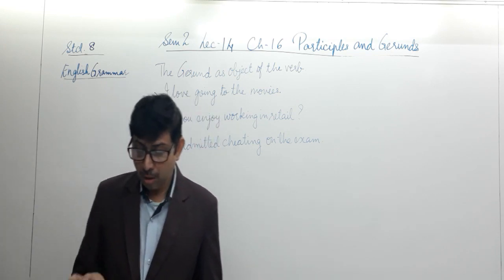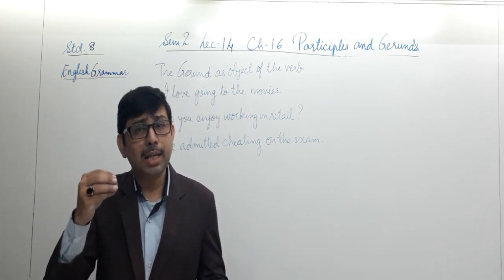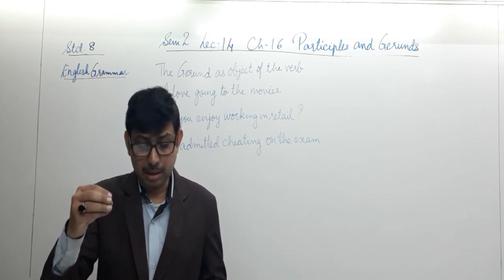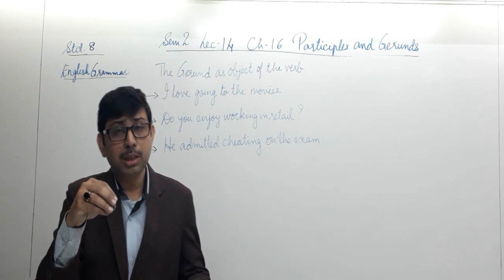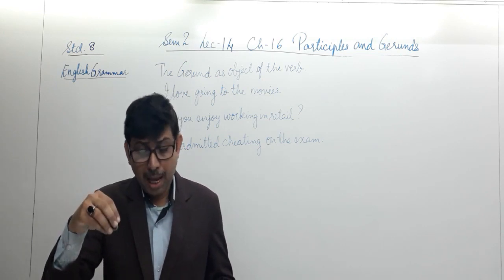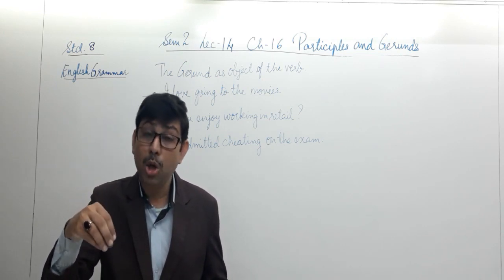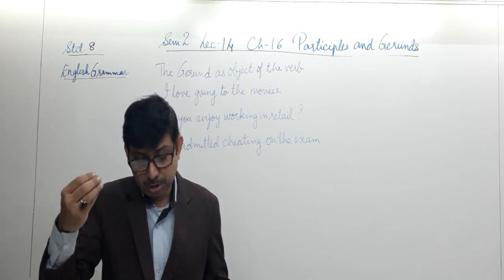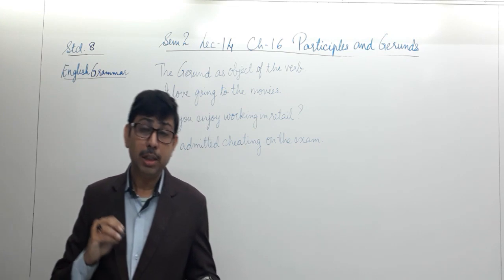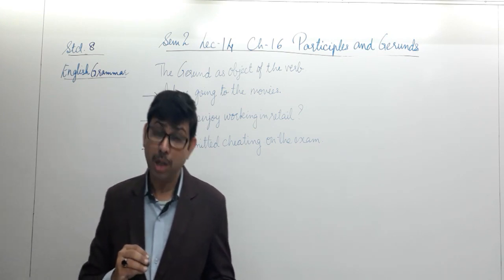So in this manner, we have seen few extra examples for each one of these. That is used as a subject in a sentence, used as a complement of the verb, used as the object of the verb, and used as the object of a preposition. So I hope the concept about gerunds is very clear to you now.